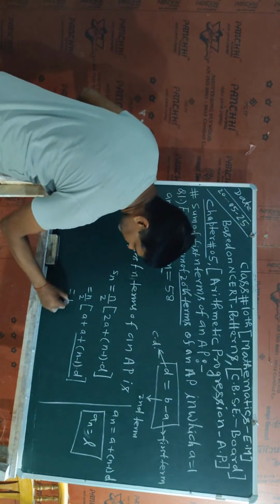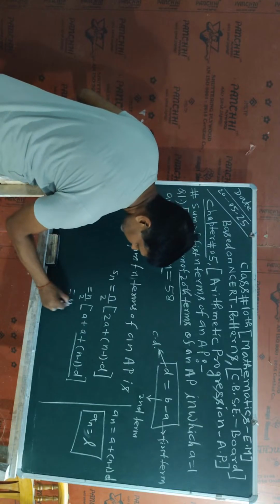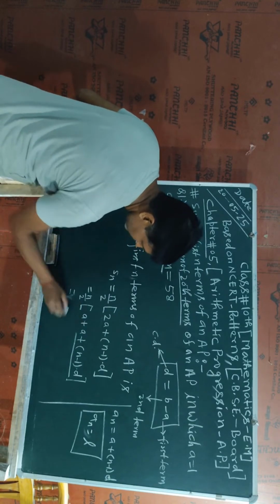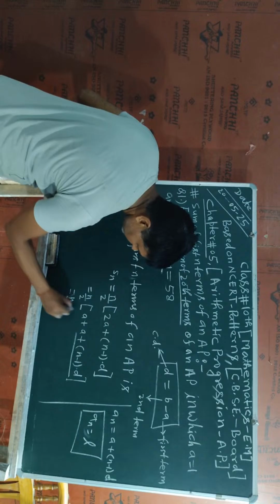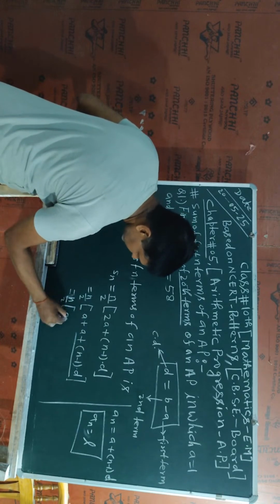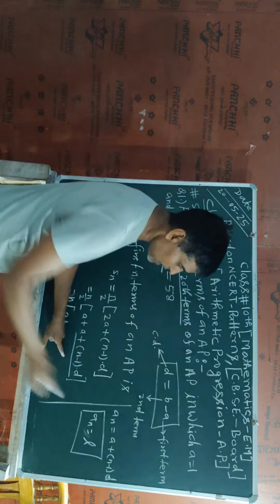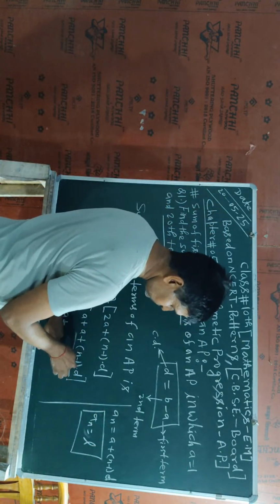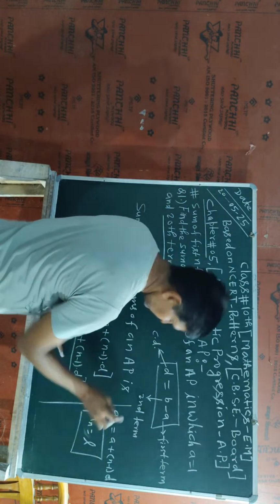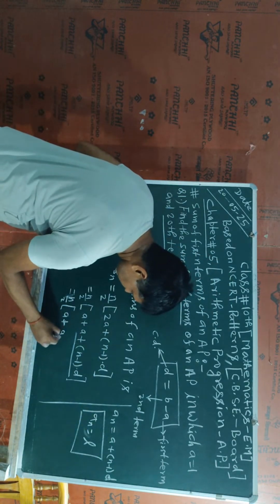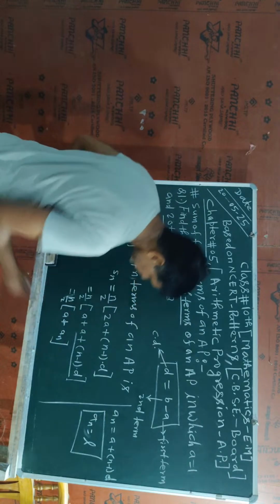In other words, I will write n divided by 2 in the bracket, a plus, and in the place of a plus (n minus 1) into d, I can write l. So here I will write simply l, the last term.